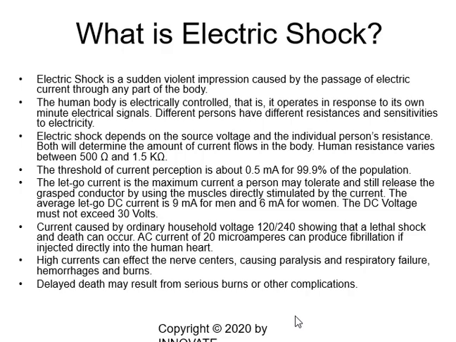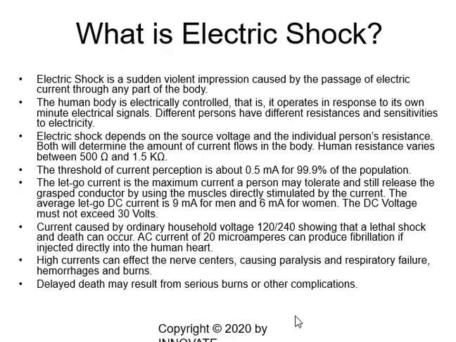So if you touch a current source or a voltage source, and this source causes enough current to flow through your body, this may cause huge harm: paralysis, respiratory failure, hemorrhages, burns, and death, or maybe a delayed death.